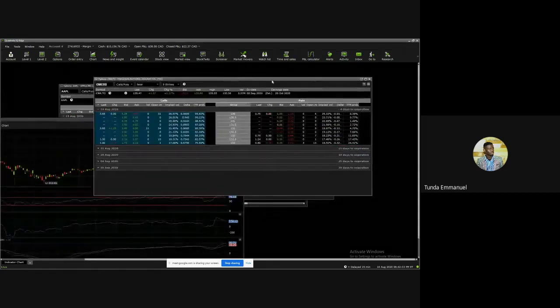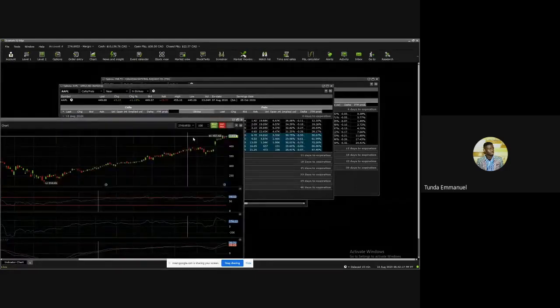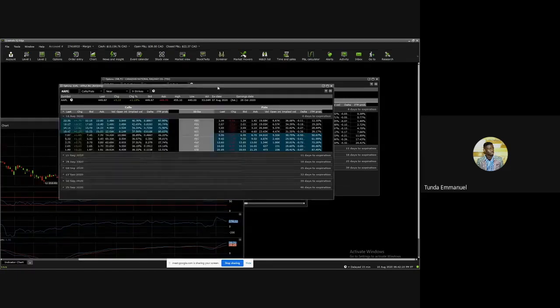If you look at Apple right now, Apple is trading at 450.91. But when you go to options, you can see that there are multiple different prices at which you can buy an option. You can buy it at 430, 435, up to 470, and you can even go higher.